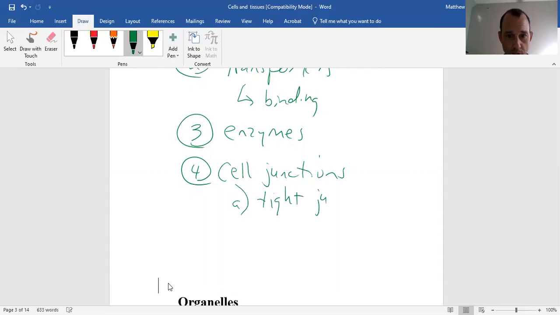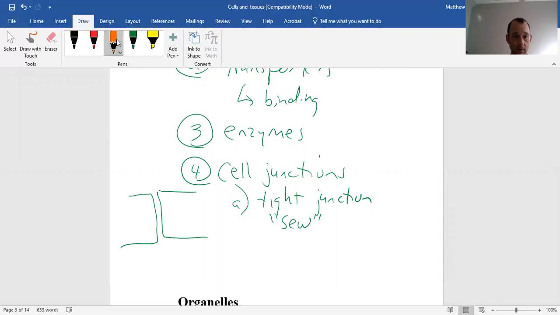There are tight junctions. They are good because they actually sew cells together. So in other words, I have a cell membrane here, linked to a cell membrane here, and I have a group of proteins that completely fuse those cells together.